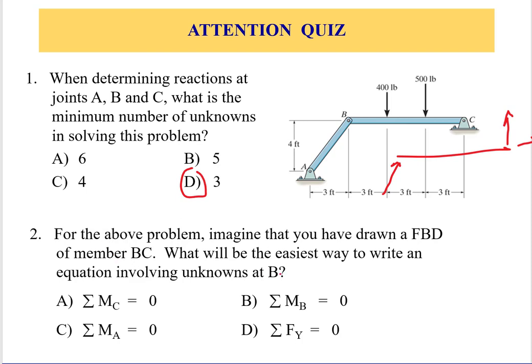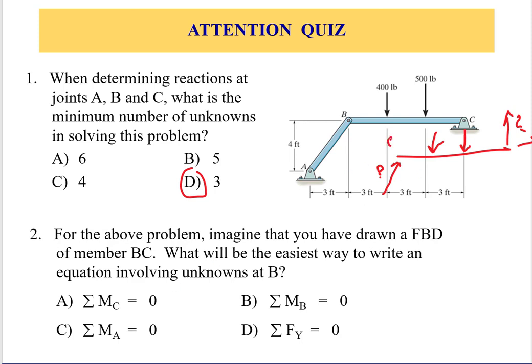For the above problem, imagine that you have drawn a free body diagram of BC, which we did, and I must add these 2 known forces. So this is unknown, and this is unknown, and this is unknown. What is the easiest way to write the equation to find the unknown B?